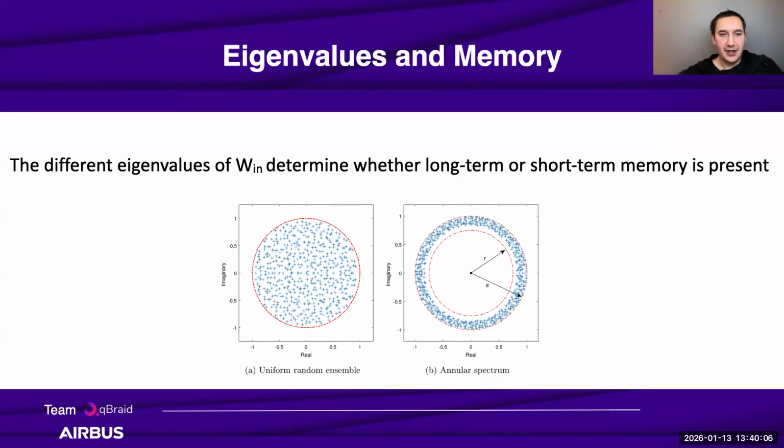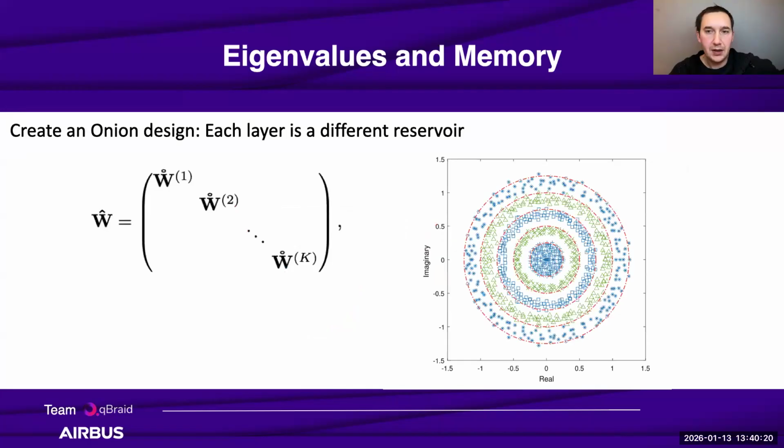So that is how you can define a reservoir that only looks at certain dynamical, time evolution sort of processes. Another way you can also do this is a recently developed onion design where you just have a block diagonal W matrix where each of those blocks represents a different part of the annular spectrum.